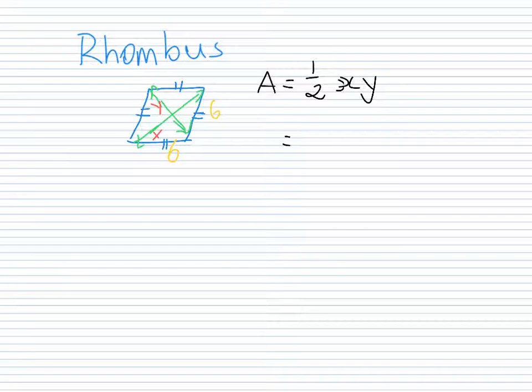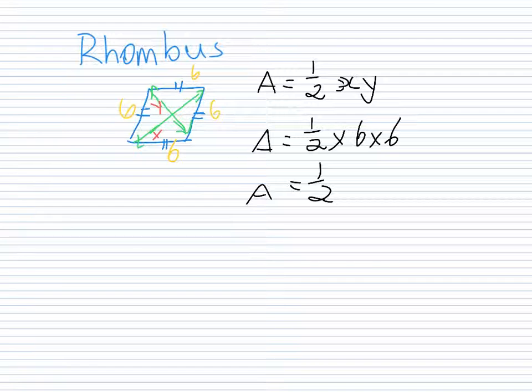So each one of these is 6 meters. So it would be half times 6 times 6. Again, we can pull it down if you're having trouble working it out. 6 sixes are 36, and in this case, a half of 36 is 18.